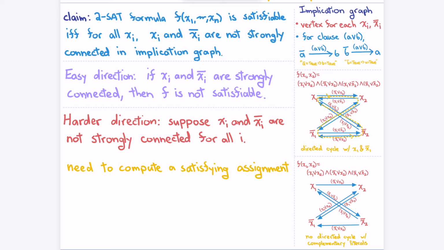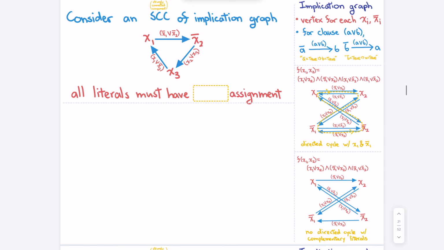You have to find one which cannot reach any of the bad ones. Here I was defining good as having only one of xi or xi bar in it. It's a source SCC. Let's go a little slower. In this strongly connected component, all literals must have the same assignment. True. Okay. It could be false.